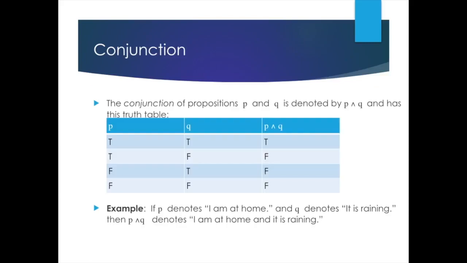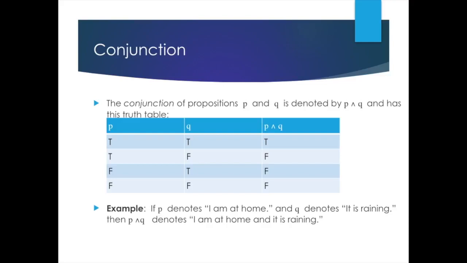The conjunction of propositions P and Q can be shown by the truth table in the diagram, where we have P true, Q true, and true and true is always true. True and false is always false, because we need both values to be true in order to have a true outcome. False and false is false, and false and true is false.